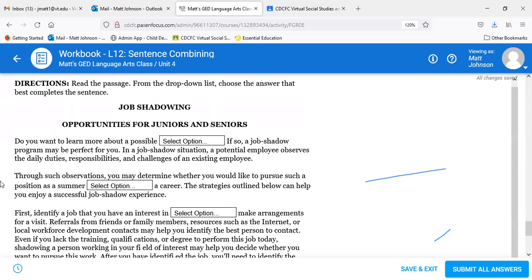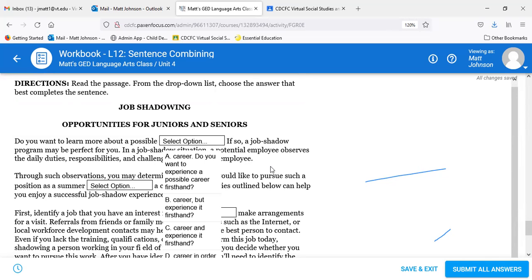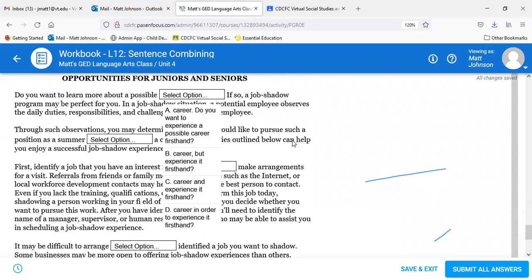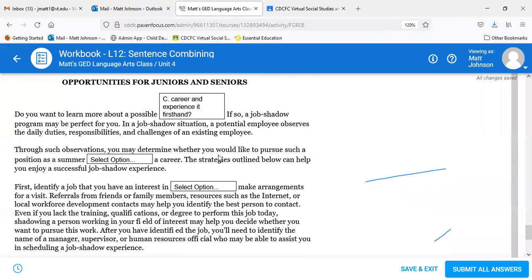"Job shadowing, opportunities for juniors and seniors. Do you want to learn more about a possible career?" Sasha Gay, what do we do here? B. C. So again, just need "and."